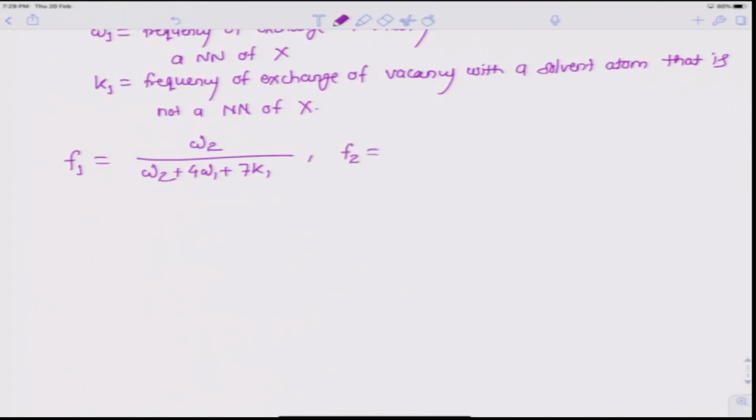Similarly, F2 can be expressed as omega 1 divided by omega 2 plus 4 omega 1 plus 7 K1.